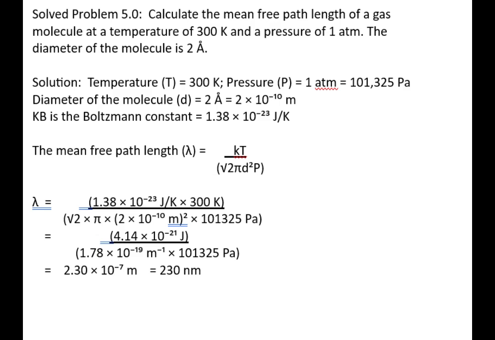Pressure, P, is converted from atm to pascal, and the diameter of the molecule, d, is converted from angstrom, Å, to meter, m. This gives us the mean free path as 2.30 times 10⁻⁷ m, or 230 nanometers.